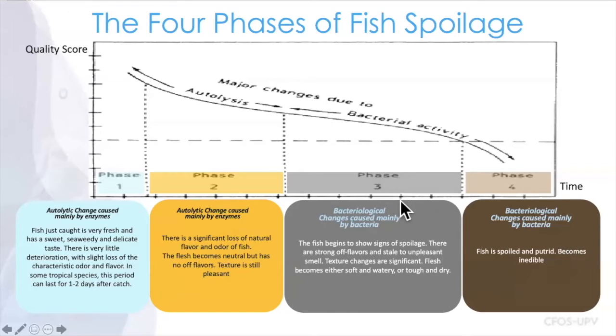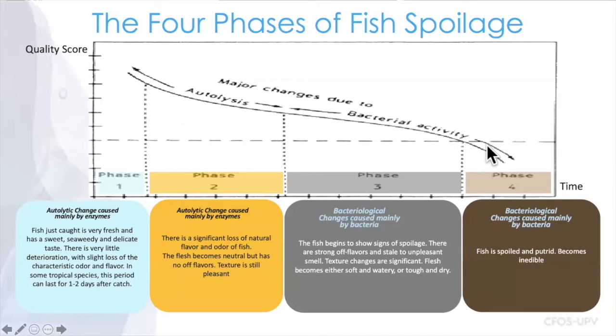Okay? So you can actually make an experiment and then determine, kasi dito yung days of storage. So you can actually determine at what particular day, for example, if you store your product in ice, how many days stored in ice yung fish mo before siya maging spoiled. And ilan yung sensory score niya para maging spoiled siya.